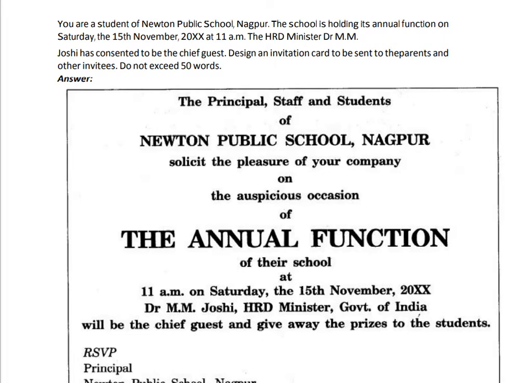The annual function of the school, at the time and date: 11 a.m. on Saturday, the 15th November 2021. Now, of their school, so naturally it will be in the school itself. That's why they have not mentioned the place. But you can mention the auditorium where it is going to be held.